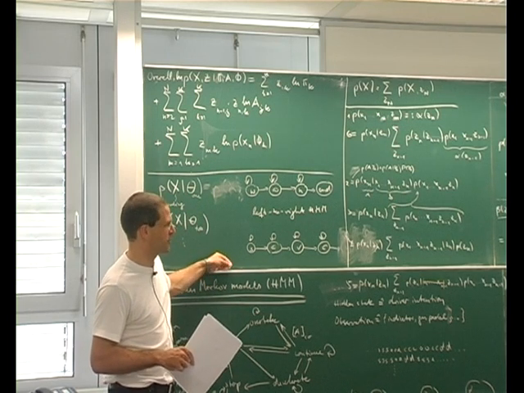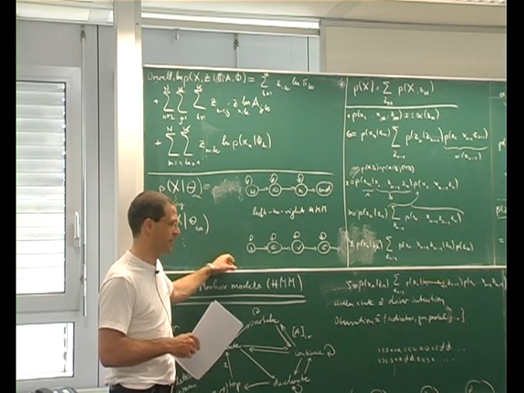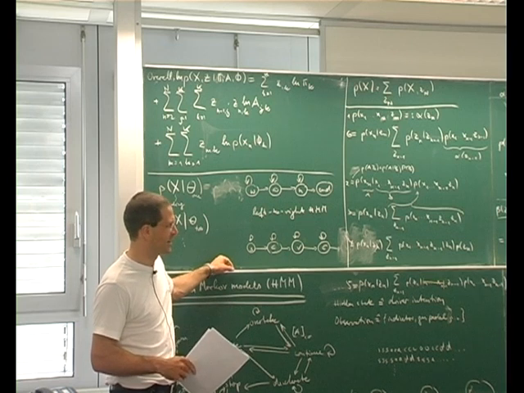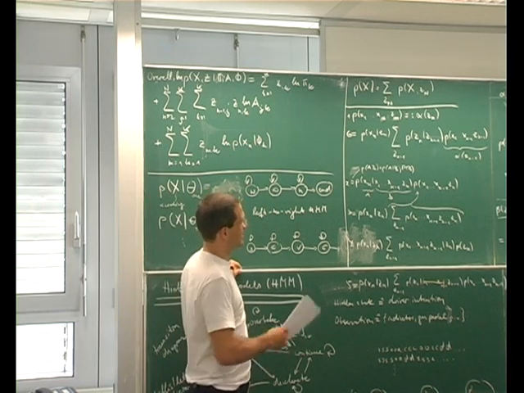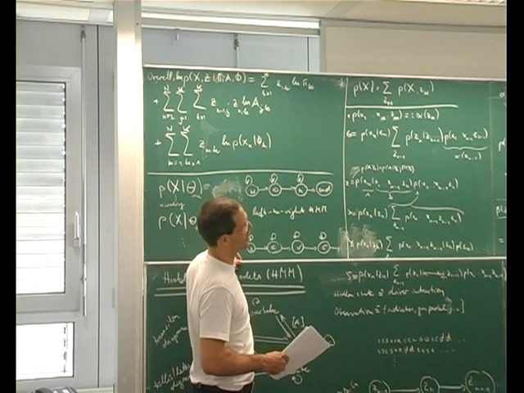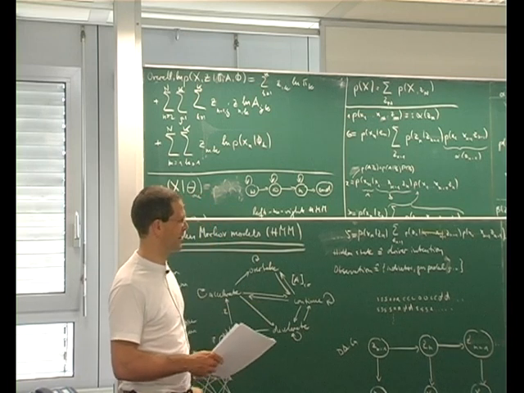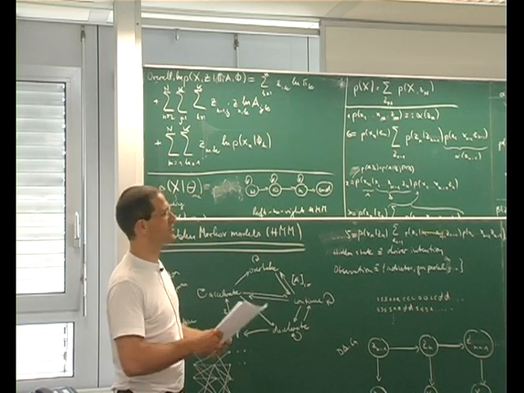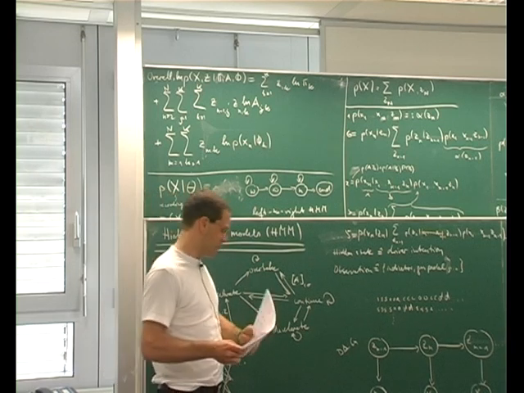This is also why people have applied them to so many different problems. On the one hand, they're quite powerful for modeling, but on the other hand, when you have a hammer, then everything looks like a nail. And this turns out to be a very good hammer. So it's used a lot, not only in speech recognition, but also in bioinformatics and decision support systems of all kinds. Okay, more on that after the break.